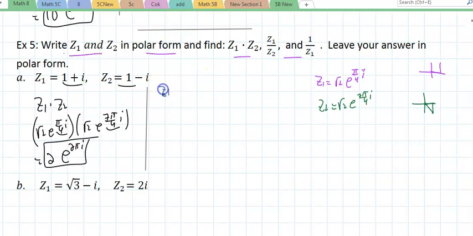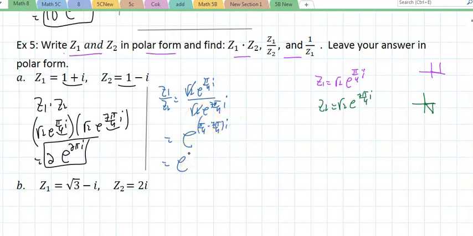How about z1 divided by z2? Well, z1 is radical 2 e to the pi over 4i. z2 is radical 2 e to the 7 pi over 4i. That cancels out. I'm left with e to the pi over 4 minus 7 pi over 4 I. That is e to the negative 6 pi over 4i, right?